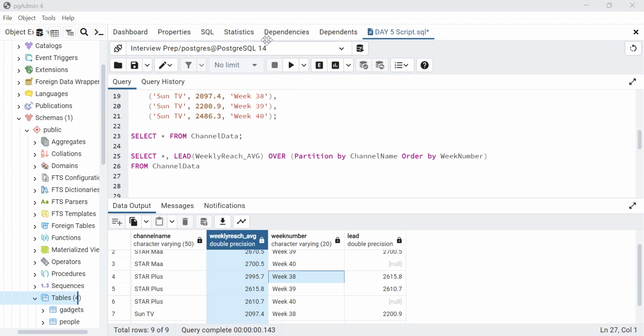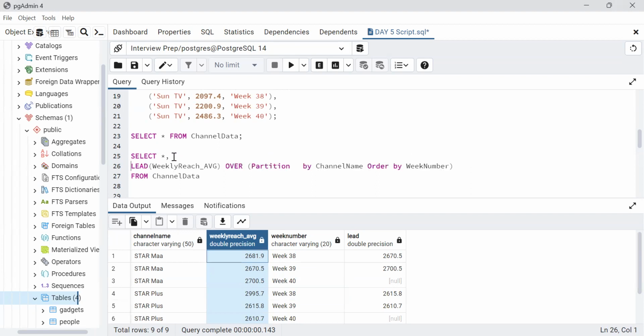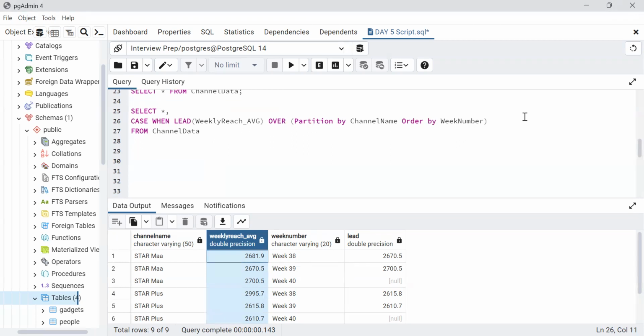So, what is a good thing in our case? What is something that is good for us? Case when, very good, Chris, you're going in the right direction. So, one thing is when. We are using when statement, and how are we going to do? Sorry, case also, right? Now, listen to me. What is a good thing for us if it is week 38?